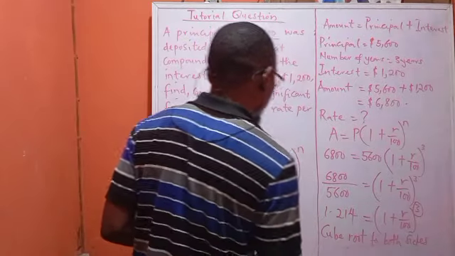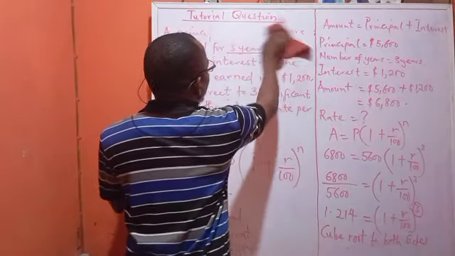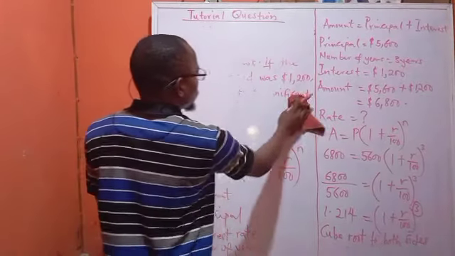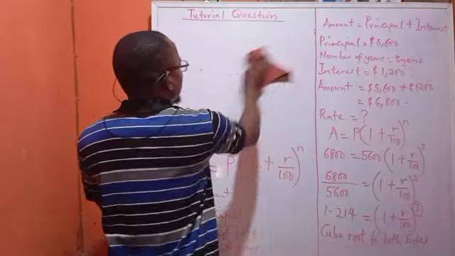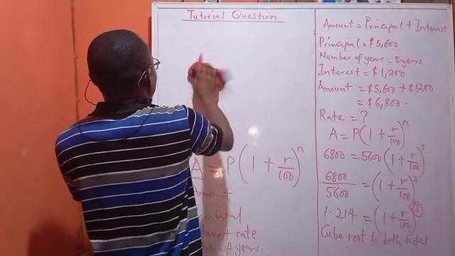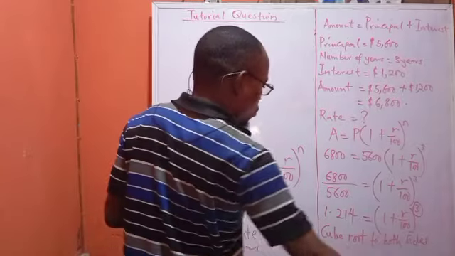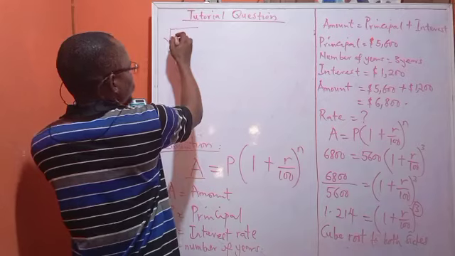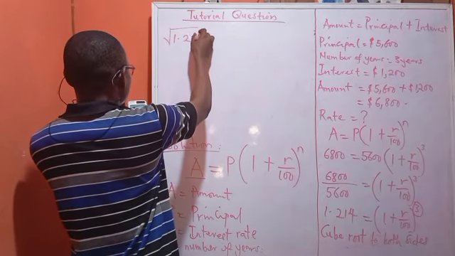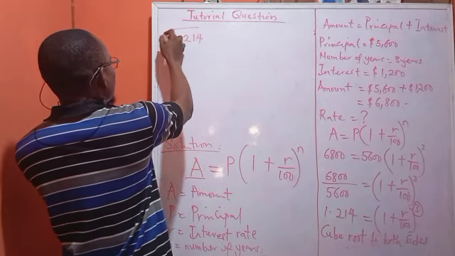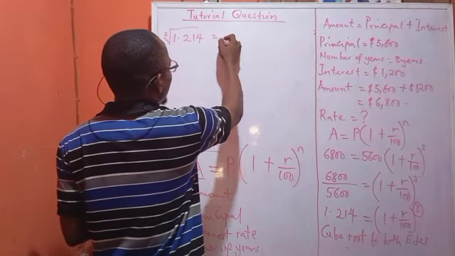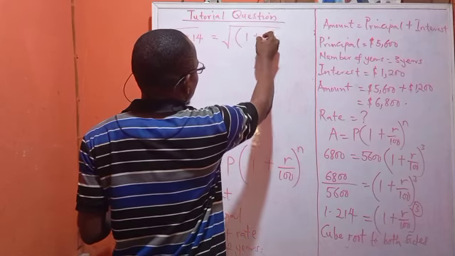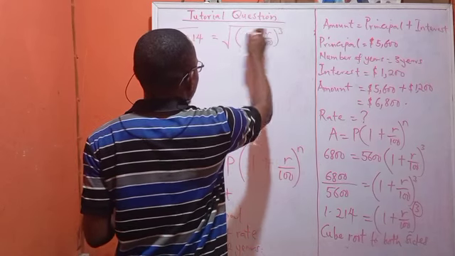So we'll have the cube root of 1.214 equal to the cube root of 1 plus R over 100 raised to power 3.